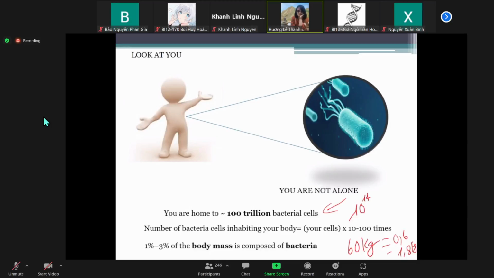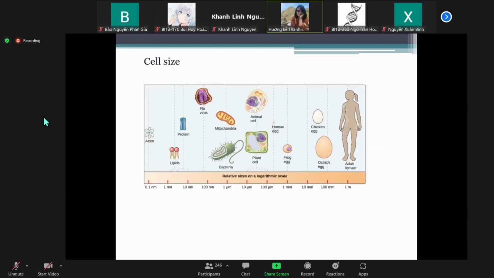It's because the cell size of the prokaryotic cell is quite small. Cells are in general from 0.1 to 10 micrometers, so they have a similar size to mitochondria and protoplasts.